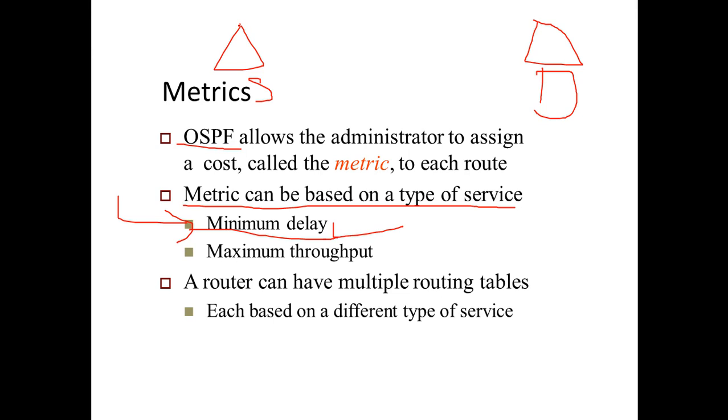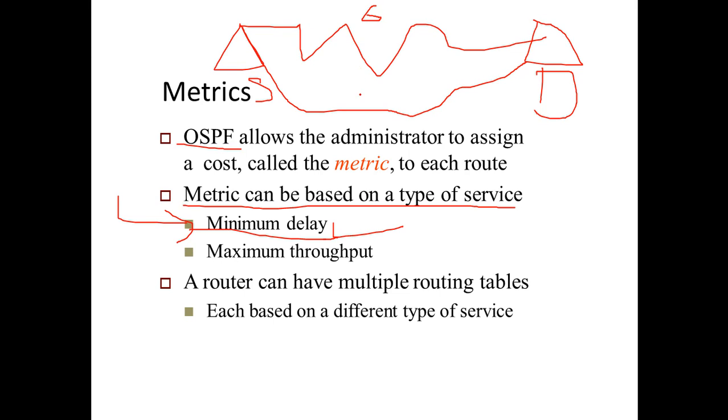Let's say you have two paths, one with 5 or 6 hops, and the second one with 2 or 3 hops. There are 6 hops over here, and 3 hops over here. So the source will always decide to go through the path with fewer hops.